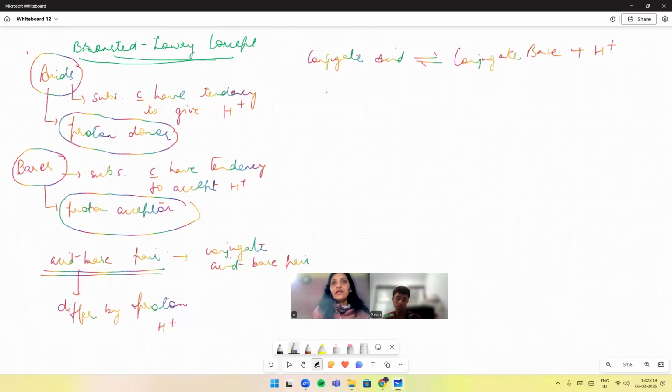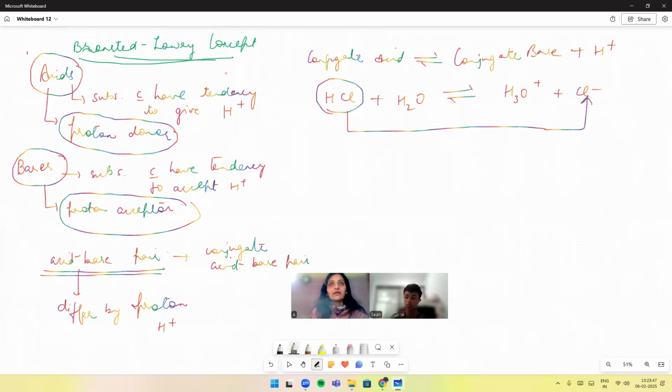For example, I say HCl plus water. So they are going to react. Now, in this case, this HCl is donating the proton, right? If you see, it has given away the proton.